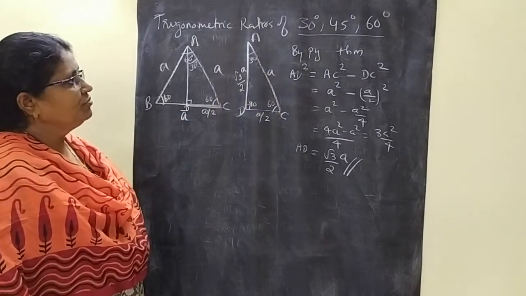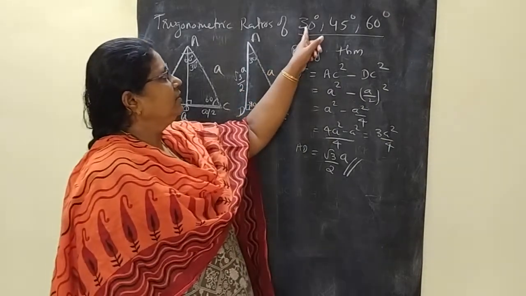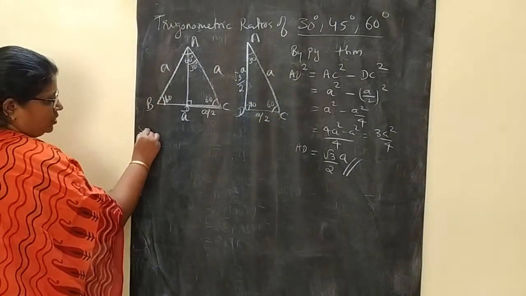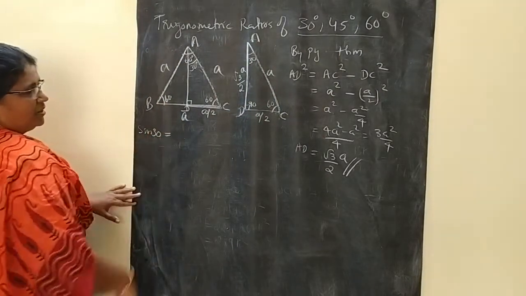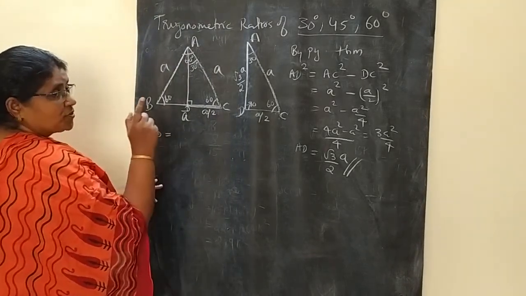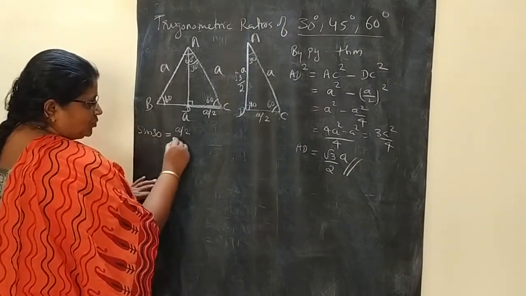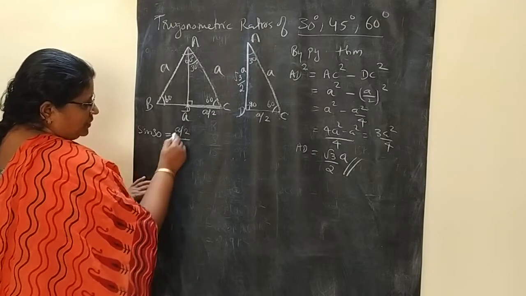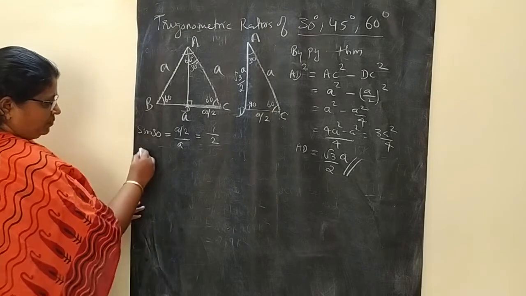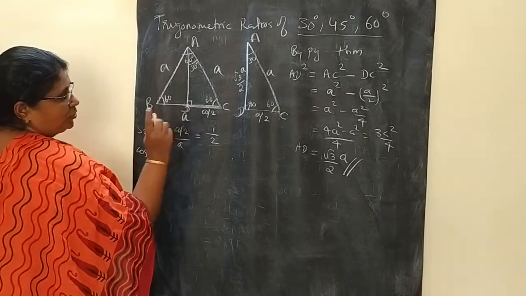Now we are going to find all the trigonometric ratios with respect to angle 30 and angle 60 from this triangle. So, sin 30. Keep the definition in mind. What is the meaning of sin? Opposite by hypotenuse. So for 30, the opposite is a by 2, the hypotenuse is a. This a and a we can cancel, we will get 1 by 2. Then cos 30 is equal to adjacent by hypotenuse.